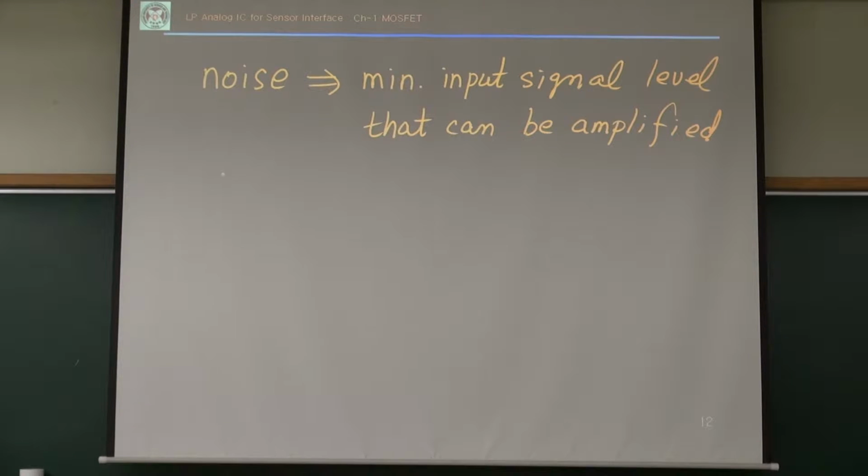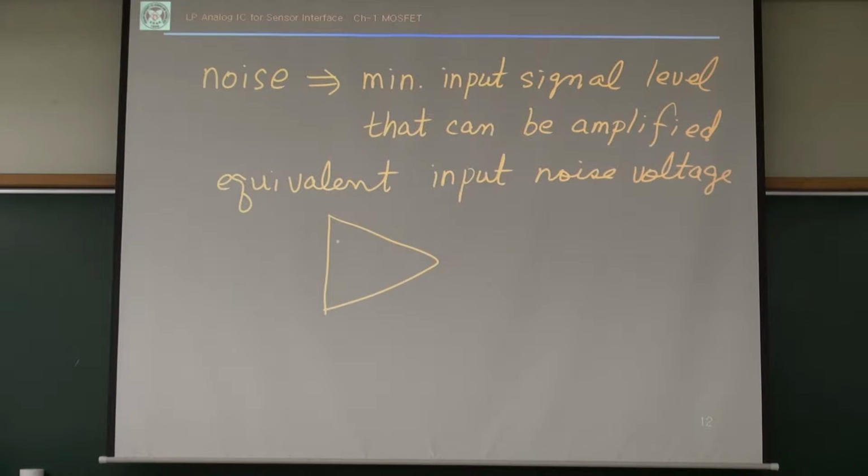There is an equivalent input noise voltage. For an amplifier, we have an equivalent input noise voltage, and all the noise inside this amplifier is reflected at the input.